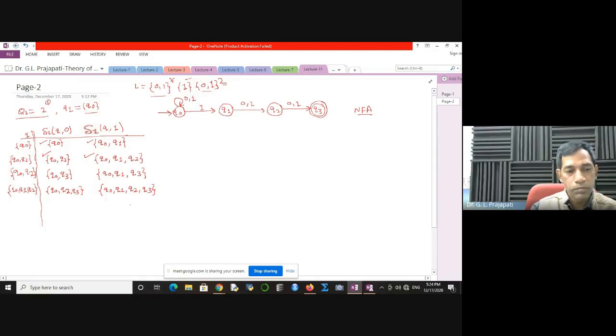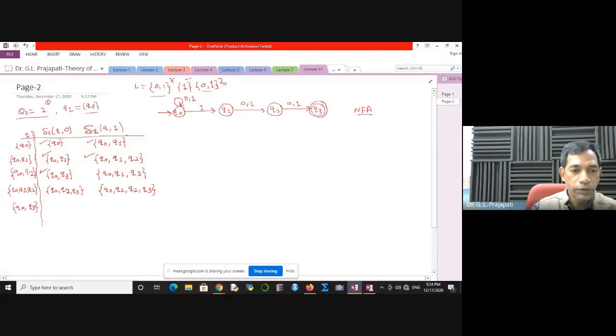So this is the state your machine goes to for the case of 1 from this state. Now you have seen the transitions for Q0, Q2, Q0, Q1, Q2. Now you need to show the transition for this state: if you are at Q0 and Q3.